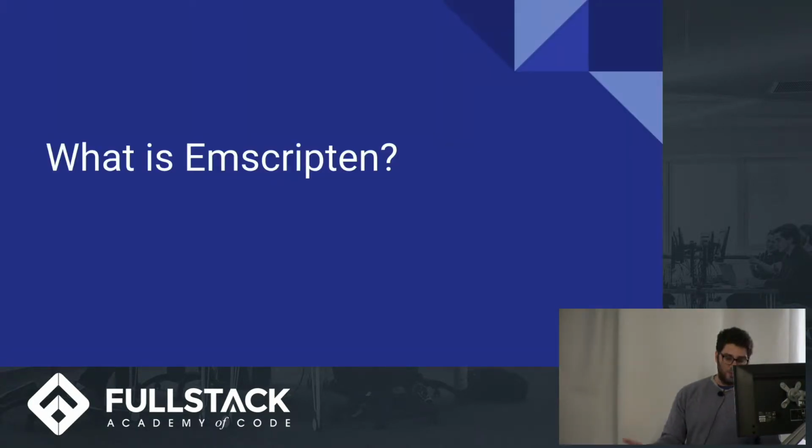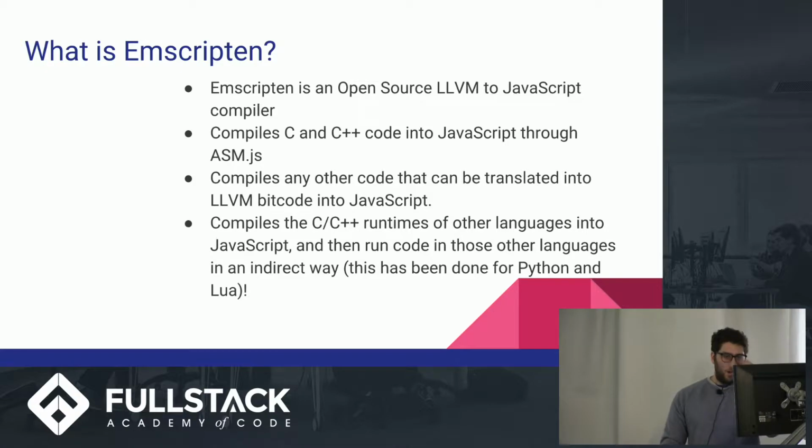All right, great. So the core of what I'm trying to get at today is, what is Emscripten? Emscripten is essentially an open source compiler, and it compiles C and C++ code into JavaScript, or transpiles this code into JavaScript, through a language called Asm.js, which I'm going to get into in some future slides.